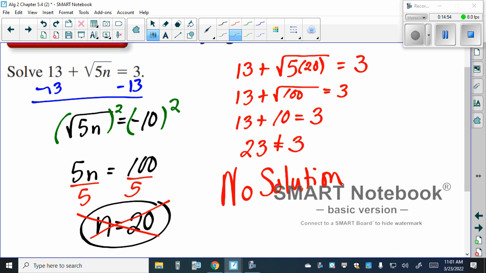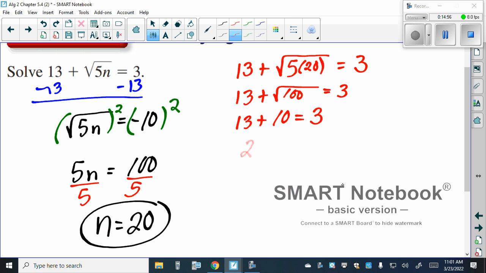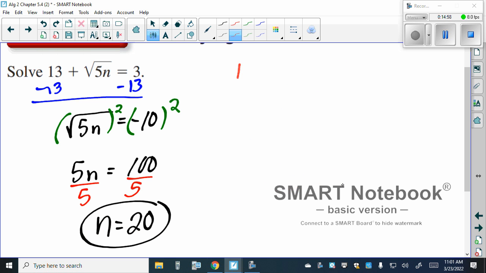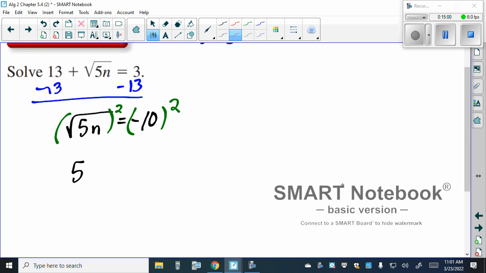I'm going to go backwards. I'm going to back this up just a little bit to this step here. What did we say can never come out of an even root? Negative. We can't have the even root of a number and get a negative number, because there's no way that this works.